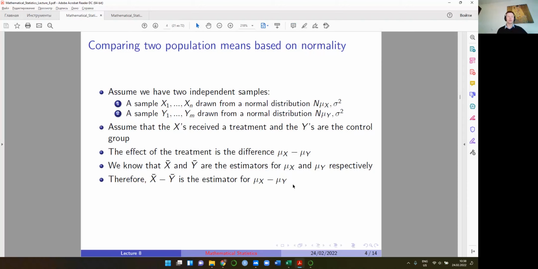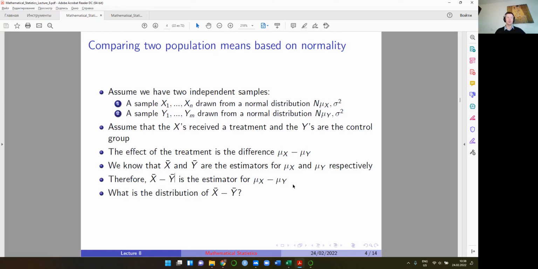For any random variable, so the whole course of statistics was devoted for this, we must be able to establish the probability distribution and the corresponding properties of this probability distribution. So if you have this random variable, x bar minus y bar, we want the same. We want to establish the probability distribution of this. Well, first of all, that's a question: what is the distribution of this estimator? Guys, please remember this idea.